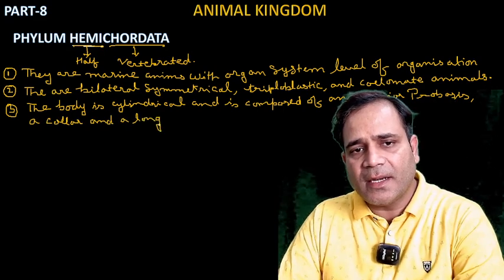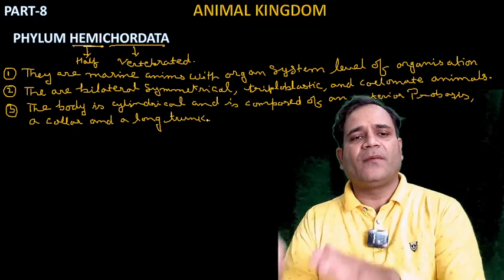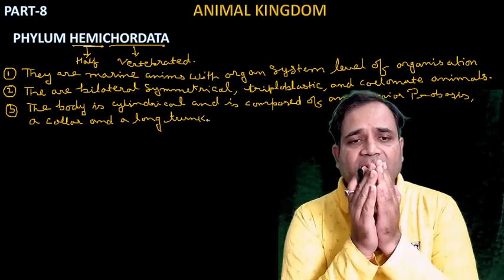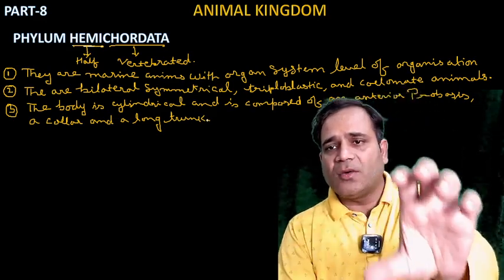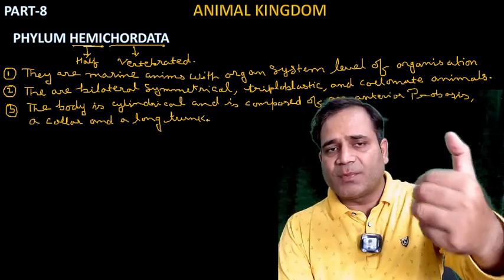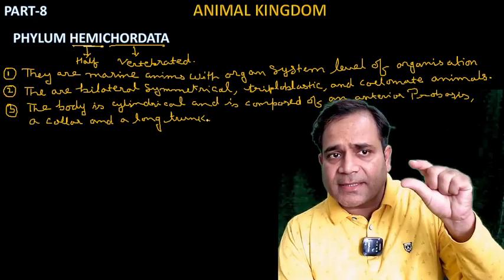The body is cylindrical and composed of an anterior, that is the outer region, the proboscis, a collar, and a long trunk. So this is the thing.